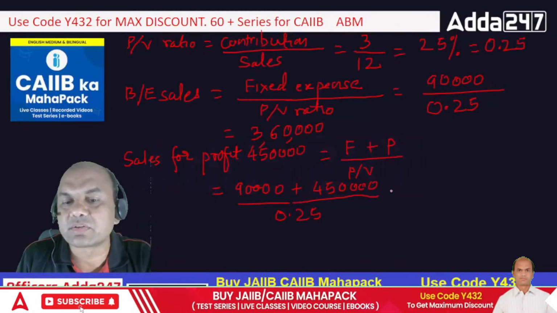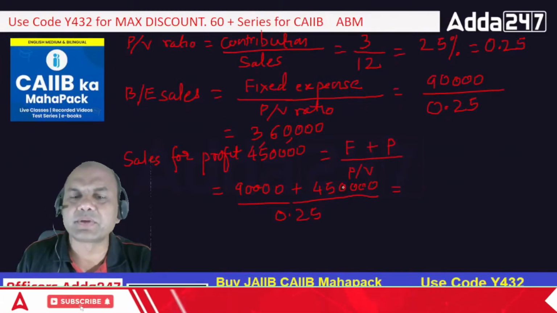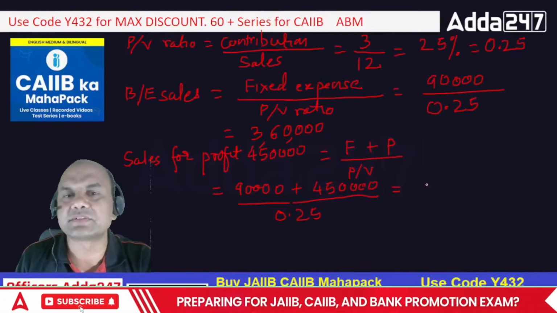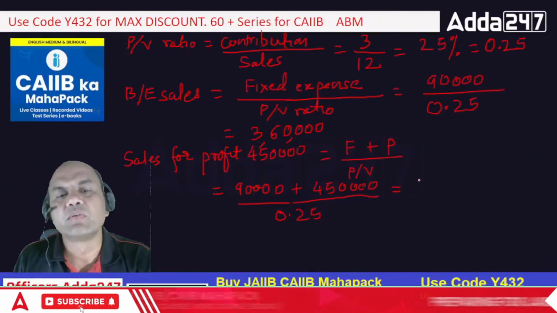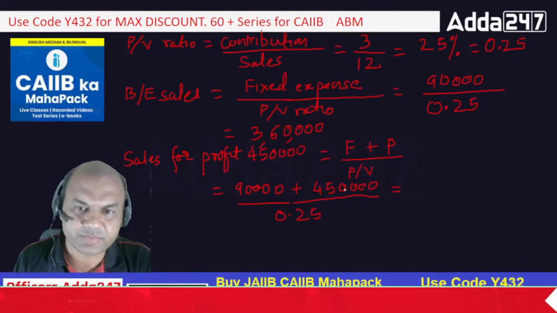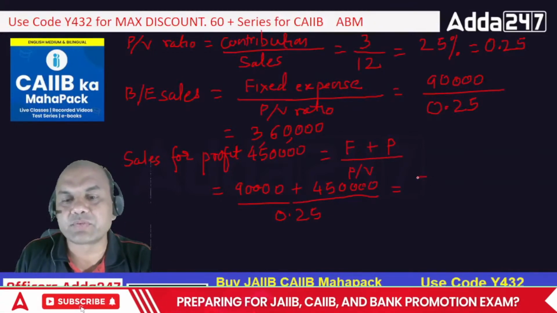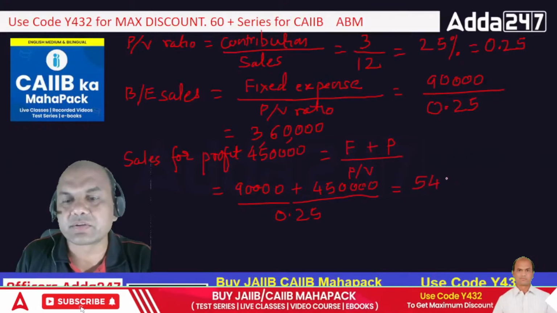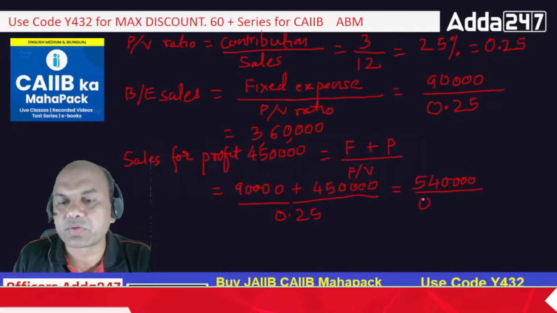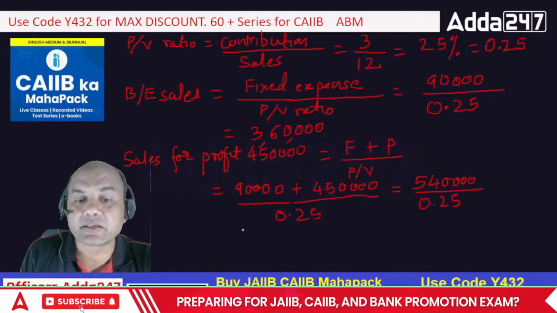So do the calculations now. 4,50,000 plus 90,000. What is the answer, everyone? 450 plus 90 is 540, 5,40,000. The whole upon 0.25. So what is the answer over here now?